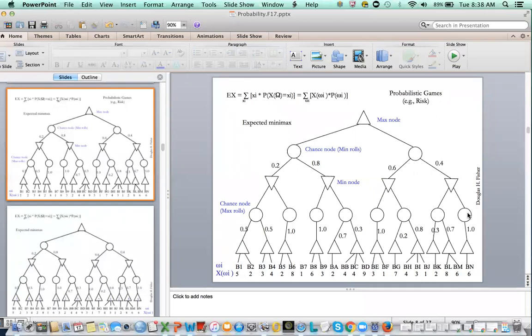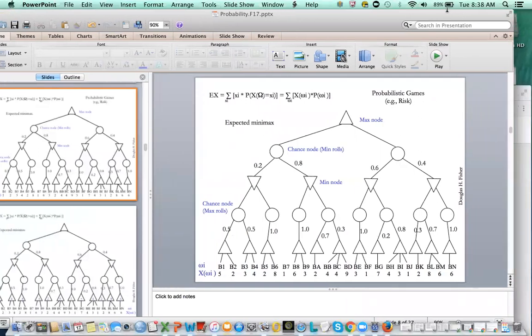So I'm playing Risk, and should I assault the army on the left and try and defeat them, or should I assault the army on the right and try and defeat them to take over their territory? It's unclear in Risk whether I'm going to succeed or not, regardless of how many soldiers or armies I've got at my disposal. And so there's also a representation here at the second level of what are called chance nodes.